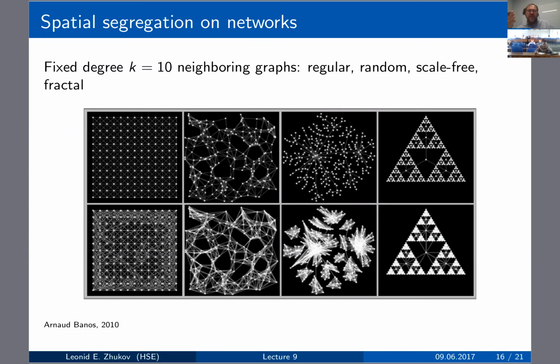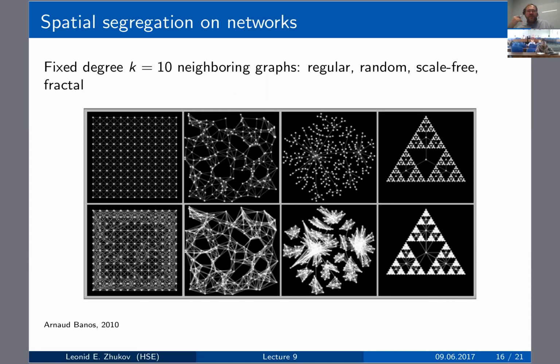And the reason for the network type of story is because, again, if you think about real life, you don't always have neighbors surrounding you. There are particular connections. There are freeways, highways in the city. So there is a much more intricate structure to the neighborhood than just living on a grid.